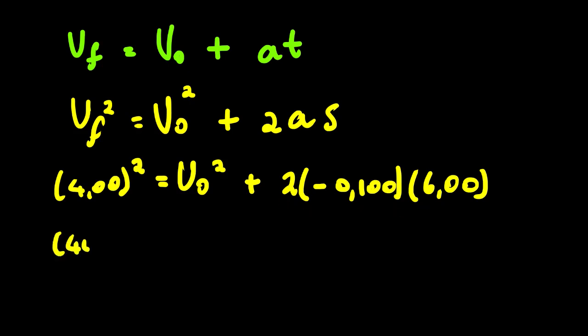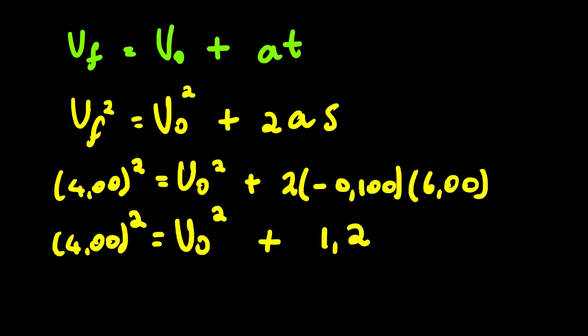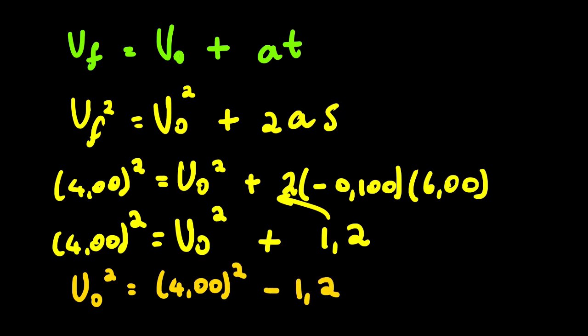So in this case, we can start by punching this on the calculator, and just to make the mathematical operation simpler, we are going to get a positive 1.2, and then we transpose it to the other side. We are going to have V initial squared equals 4.00 squared minus 1.2, and then from here we can take the square root of this.